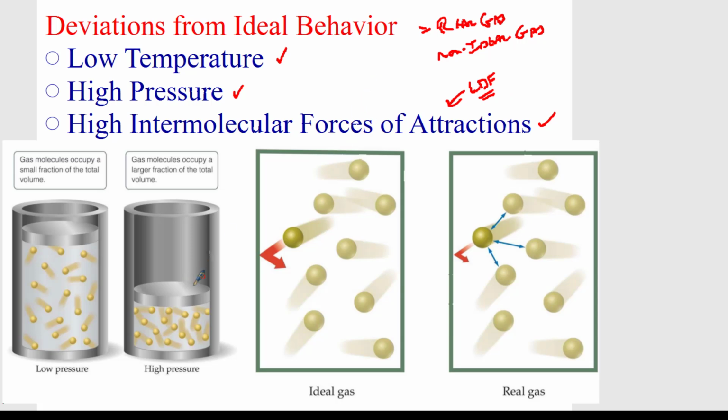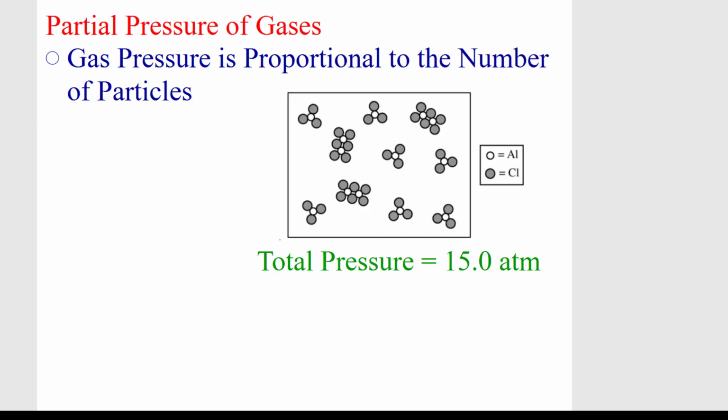You can see at high pressure right here, the individual particles are actually mattering. They're colliding. They're attracting each other. You can see in a real gas, it might be losing energy, and the gases will become a liquid at one point.